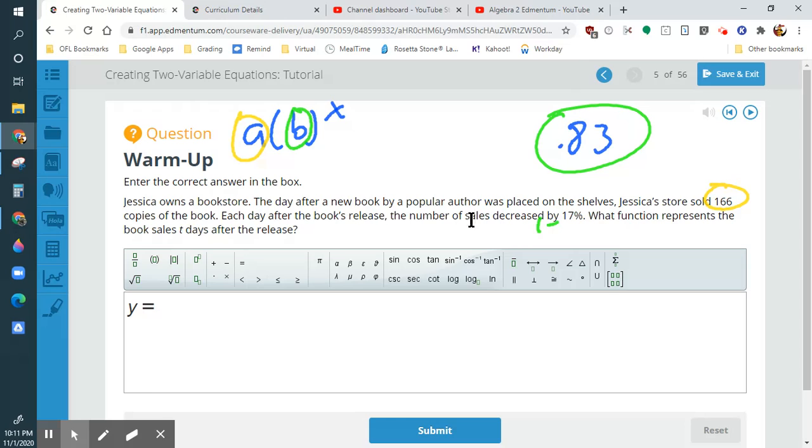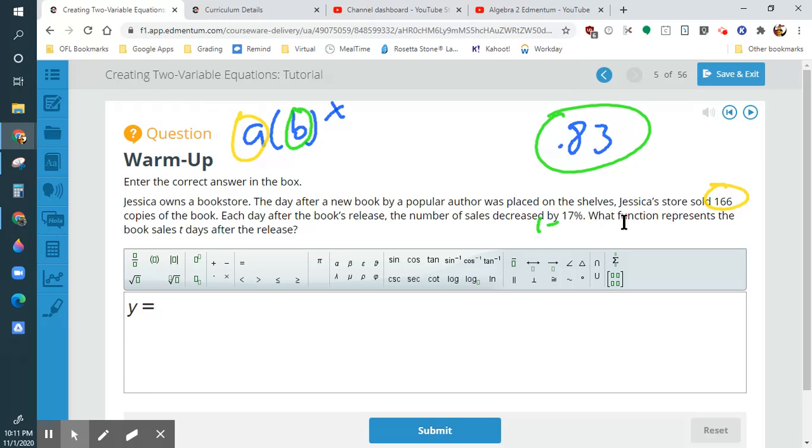I don't see why it wouldn't be. The day after a new book for a popular author was placed on the shelves, Jessica sold that many books. Okay, that's her starting point. Each day after the book sales, the number decreased by 17%. Okay.